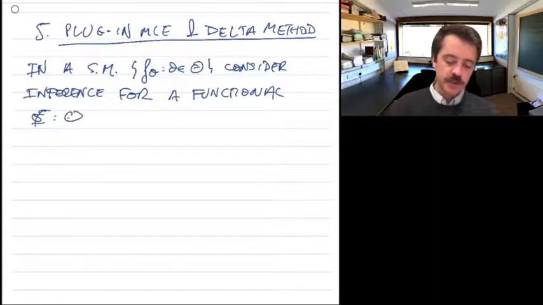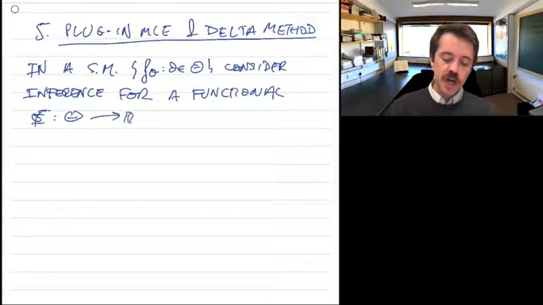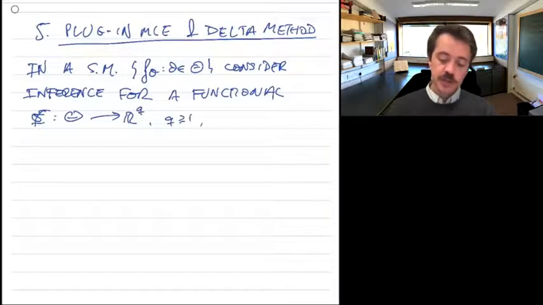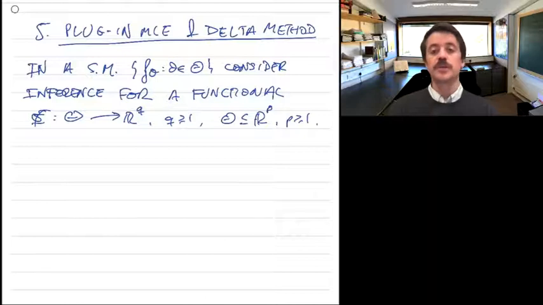Capital Phi is going to go from the parameter space capital Theta to some R^q, with q greater than or equal to 1. I remind you that capital Theta is contained in R^p, p greater than or equal to 1.